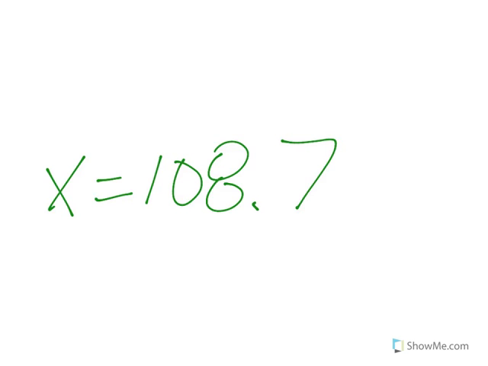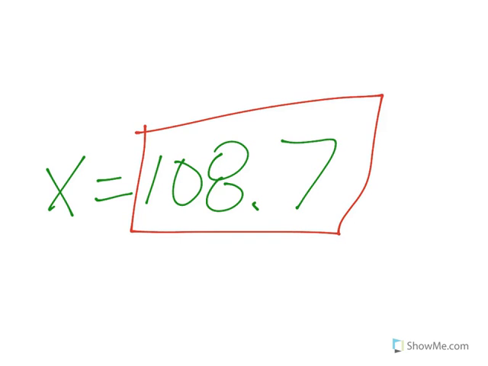So, if x equals 108.7, that means that on that test, anyone that scored at or above this score would be scoring in the top 20% of test scores.